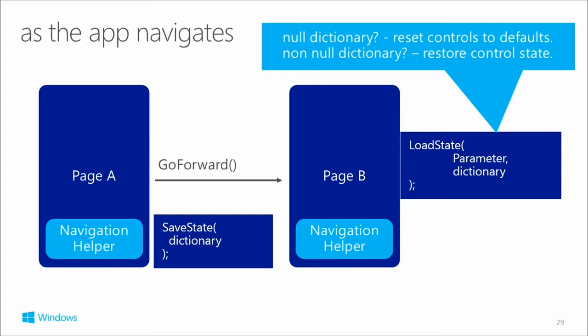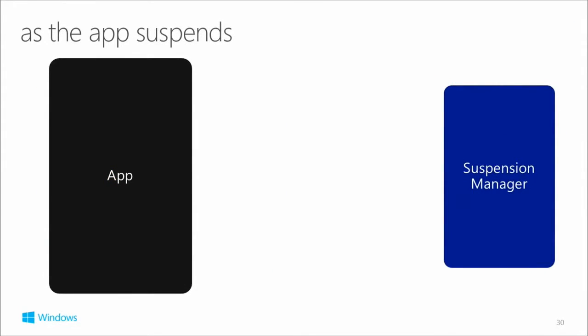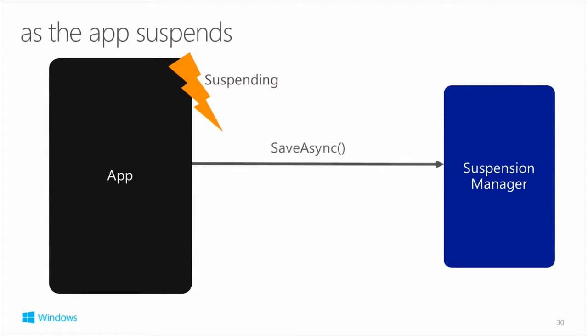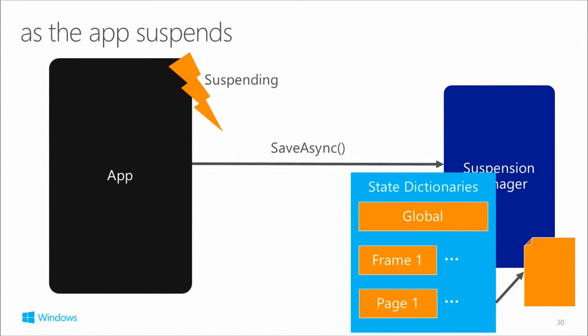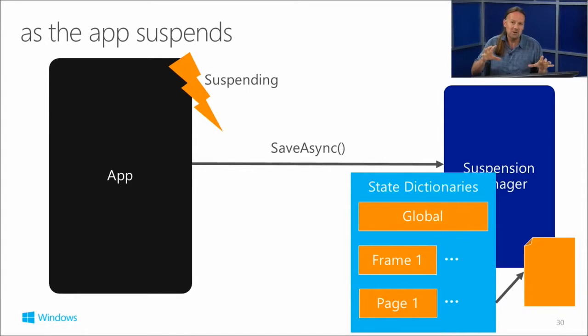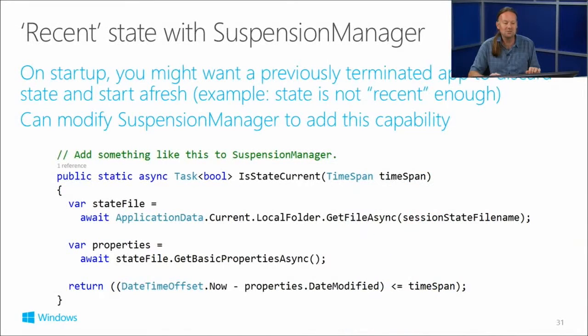If there is a state dictionary, then you can restore it. And finally, as the app suspends, in the suspending event, you will call the suspension manager's save async method, and that saves everything. It saves the global state, which is the page navigation history, and also the frame state away into persistent storage.